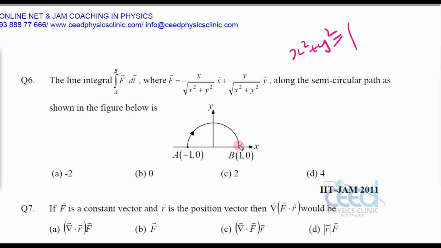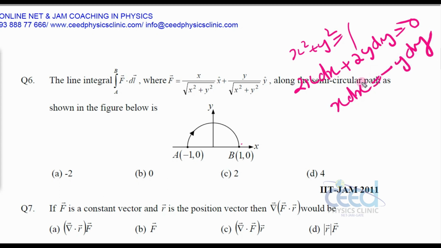If I differentiate this, I get 2x dx plus 2y dy equal to 0. That means x dx equal to minus y dy. So this is the information which I have from this diagram.